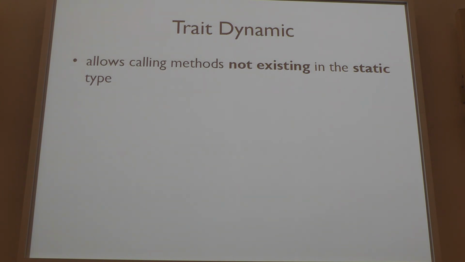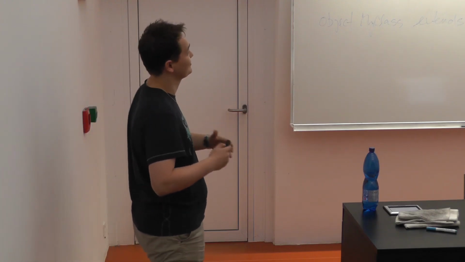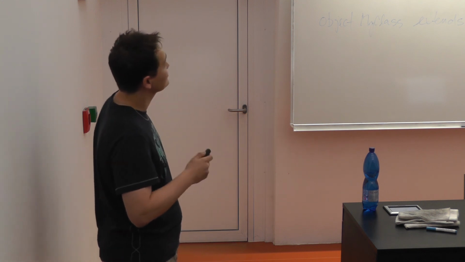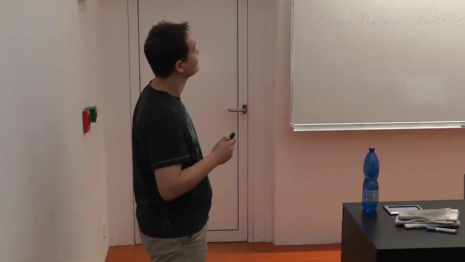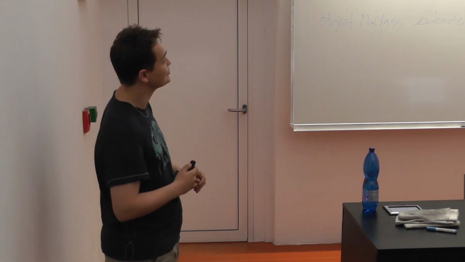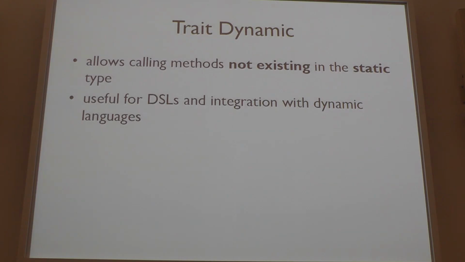In the end, it's statically checked, but it looks like a dynamic language. It allows you to call a non-existing method on a static type. I will give you an example and you will know what I mean. It's very useful when you want to create a domain-specific language or you want to integrate your code with some dynamic language.